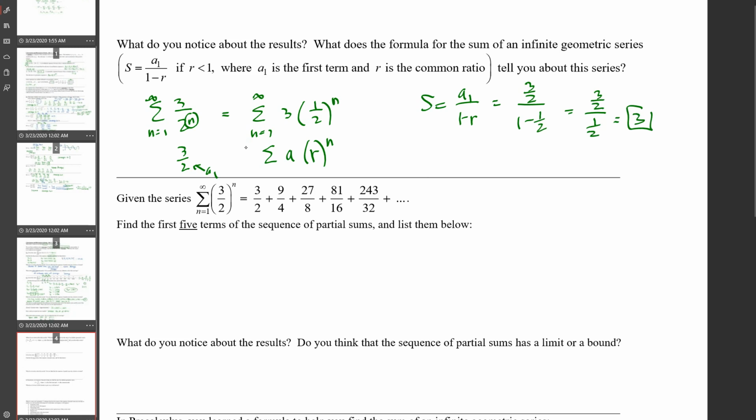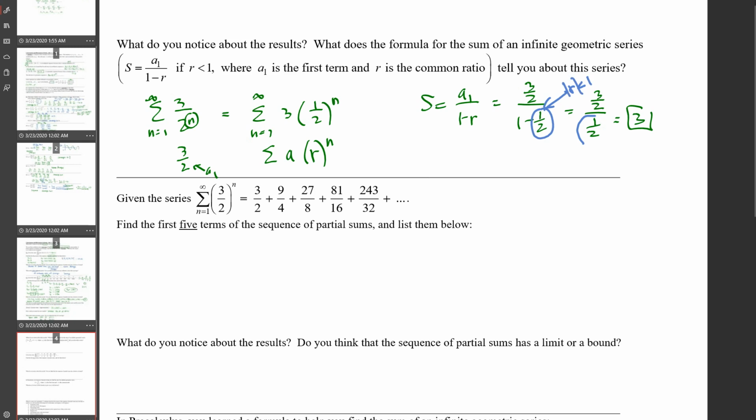Something important to notice. When the absolute value of r is less than 1, then you can use this formula. So r can be negative also. If it's negative 1/2, this formula would also work.